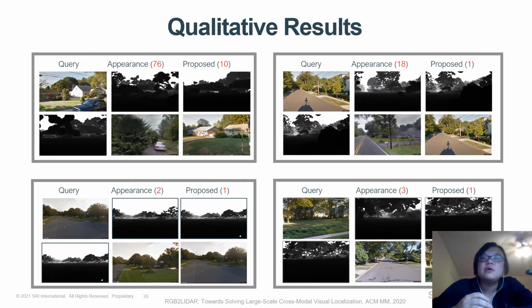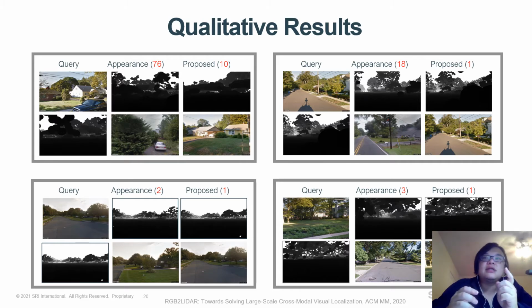Here we show some query results using our approach. For each row, it shows the query ground image and the returned LIDAR depth map from the database, using the appearance-only information or using our proposed approach to combine both semantic and appearance information.